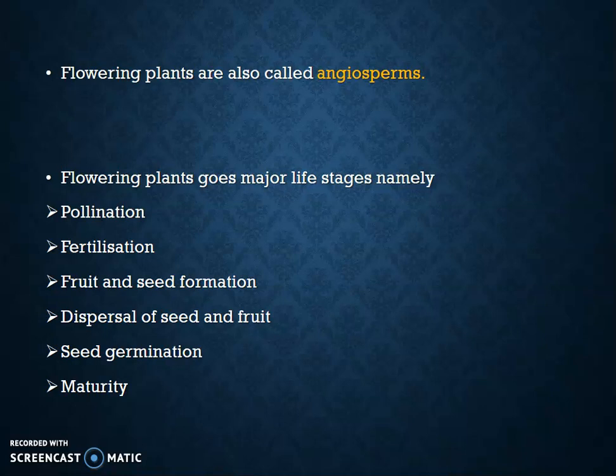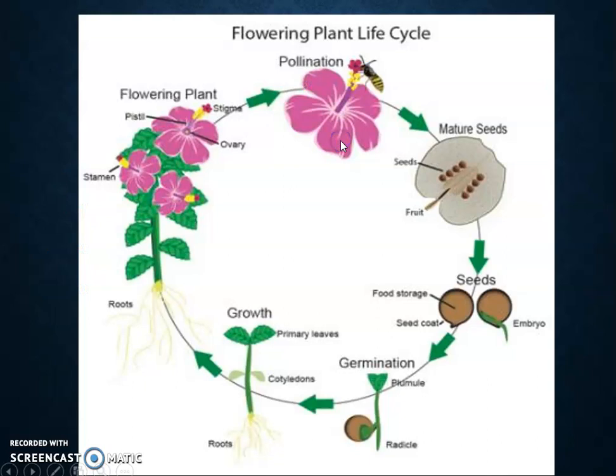These are the main stages the flowering plant goes through. You have pollination, fertilization, fruit and seed formation, dispersal of fruit and seed, germination of the seed, and then maturity. But like we said earlier, we're going to be looking at only pollination for today's lesson.